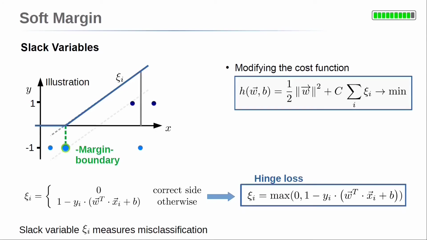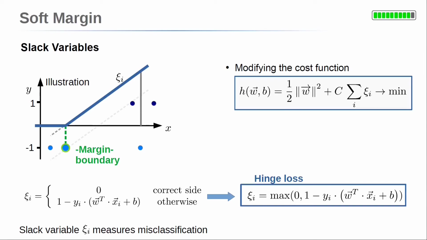There is a more concise form to express this definition of the slack variables. xi_i equals the max value of 0 and 1 minus y_i times the parameter vector w transpose times the data vector x_i plus b. The functional relation is displayed in blue in the sketch on the upper left.